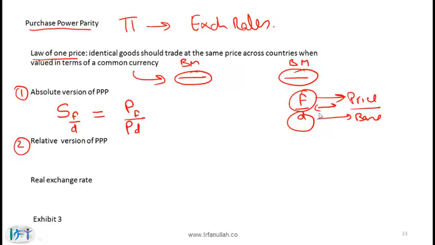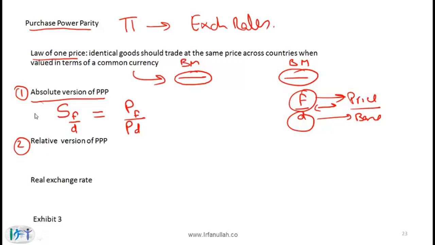Even in the earlier segment on uncovered interest rate parity, the same relationship was true, where the curriculum used the foreign currency as the price currency and domestic currency as the base. So the first formula that you have to memorize is based on the absolute version of purchasing power parity. The spot rate or the exchange rate is given by price in the foreign currency divided by price in the domestic currency. In other words, exchange rate is purely determined by the ratio of the price levels.